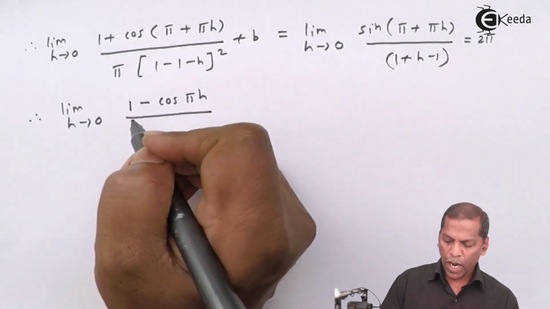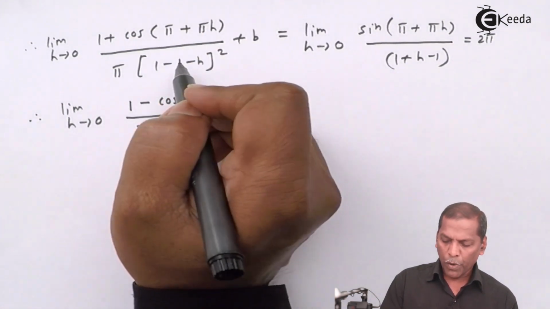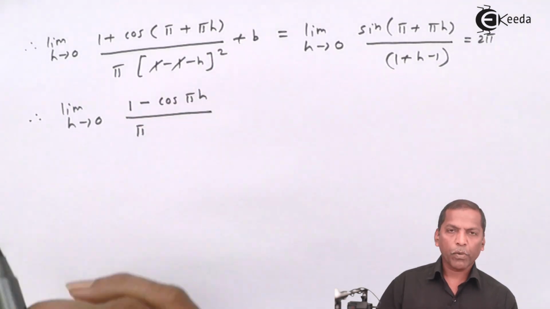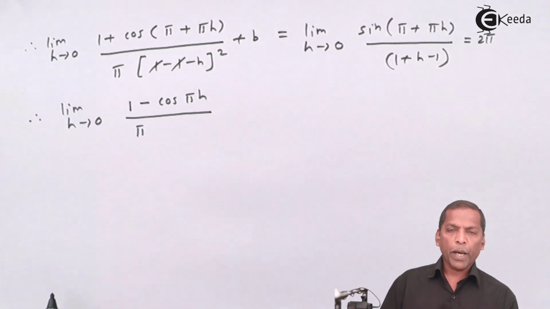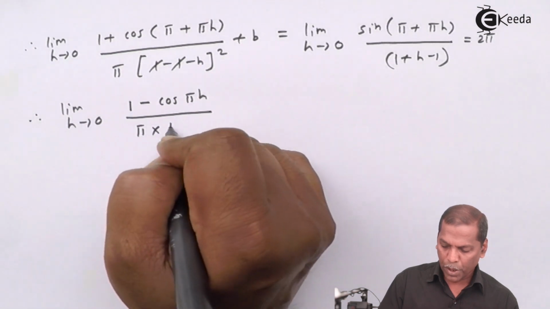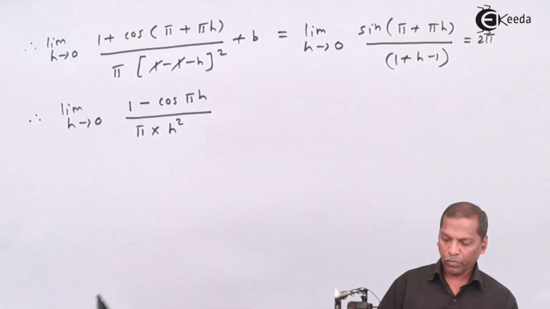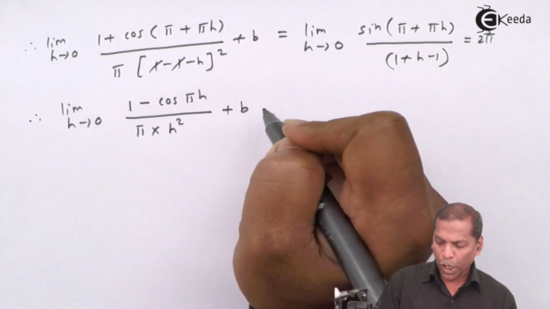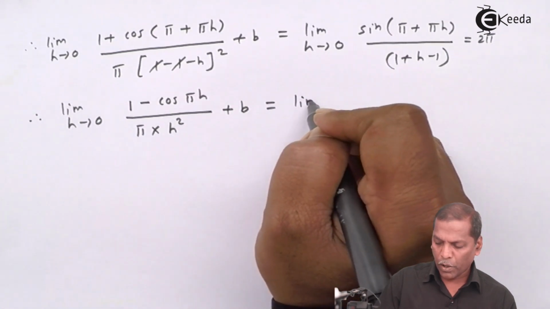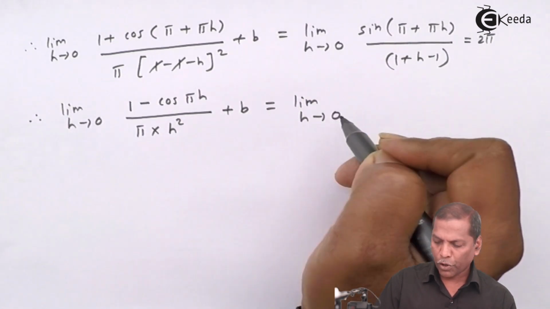Upon pi in bracket, now here we cancel minus 1 plus 1, so the remaining term is minus h the whole square, so that gives us h square. Then we write plus b as it is, and that equals limit h tends to 0.